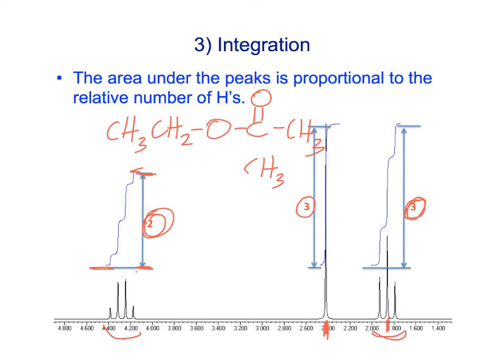So the CH3 group next to the carbonyl is going to be here. The CH2 next to the oxygen is going to be here. And the methyl group that's just next to another CH2 group is going to be down here. And it's actually this splitting that's going to tell us that that CH3 and that CH2 go next to each other. Okay, and we'll get to that in just a little bit.